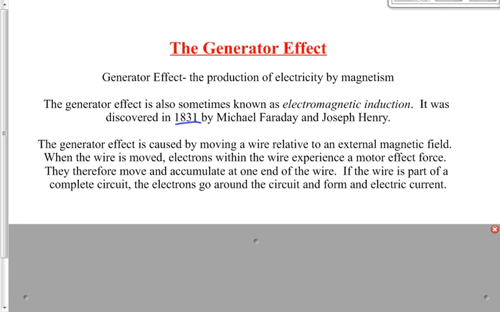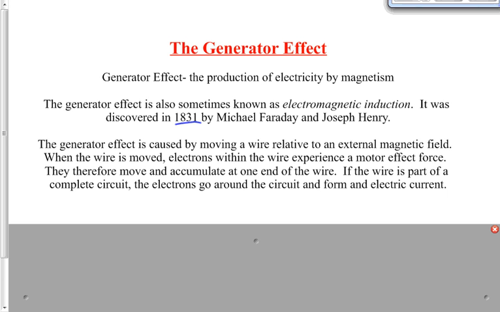And that magnetic force causes the electrons in the wire to start moving. So what we're really doing here is, fundamentally, of course, generating an electric current by moving a wire. But why is that happening? It's happening because we're producing a magnetic force on the electrons within the wire. And because of that, they start moving through the wire and generating an electric current.